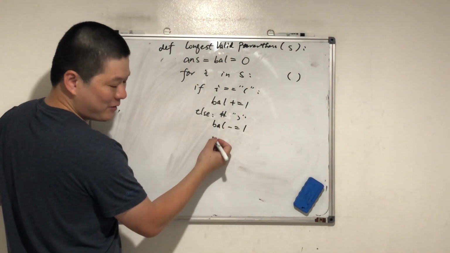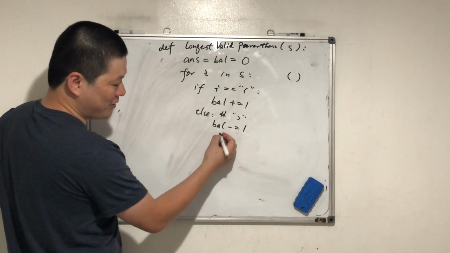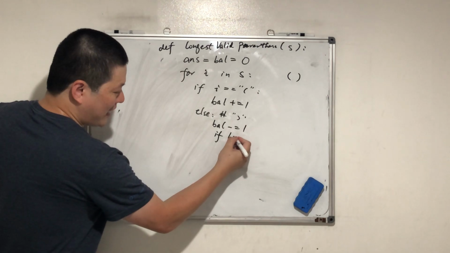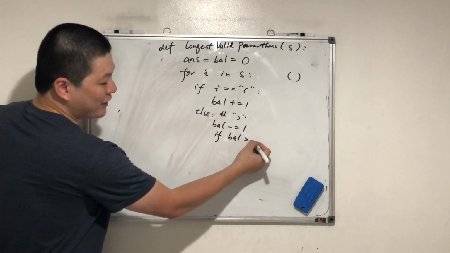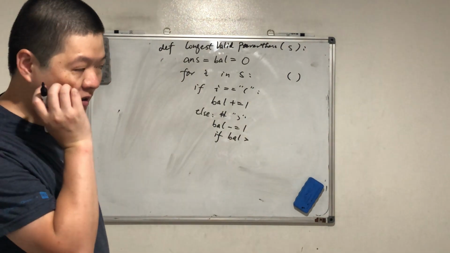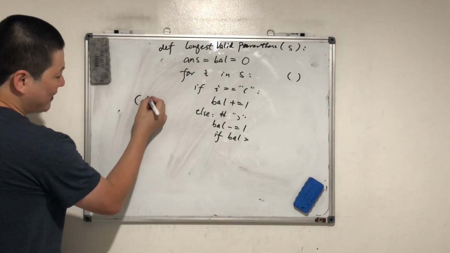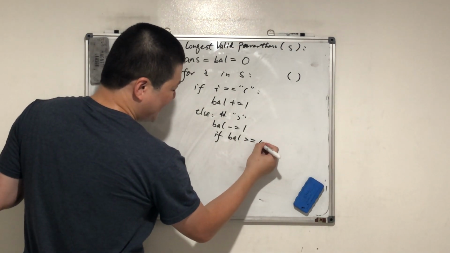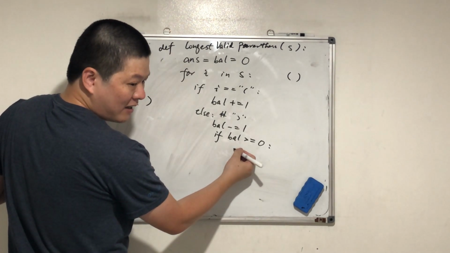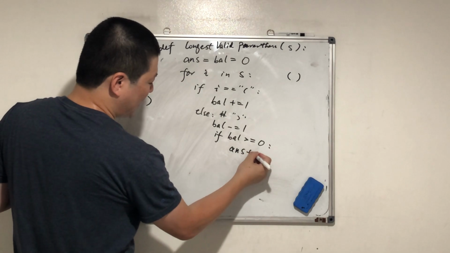And then, after we decrement the balance, we check if balance is bigger than or equal to 0. If so, answer plus equals 1.